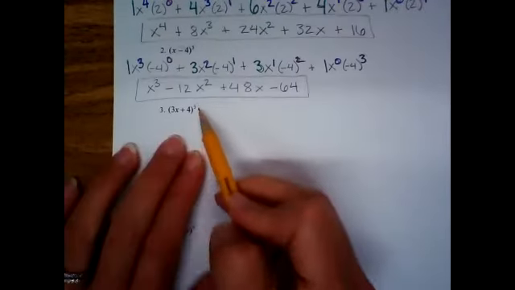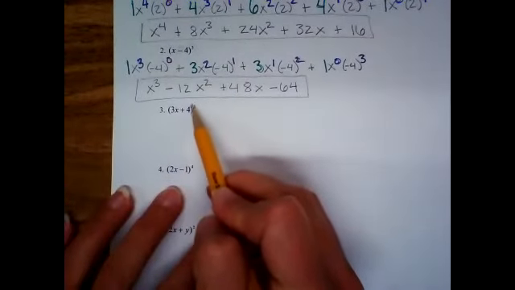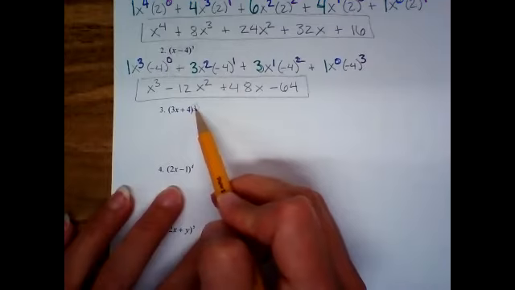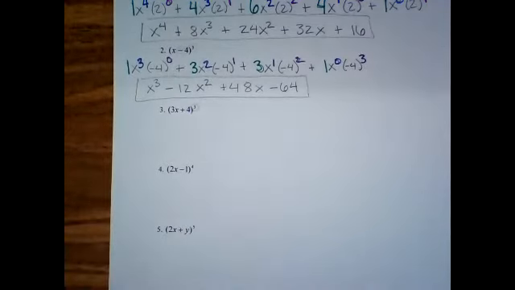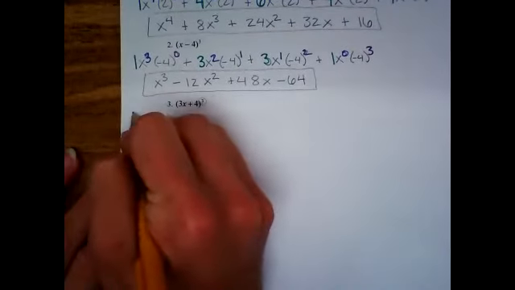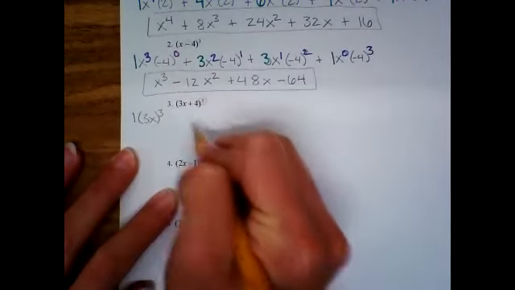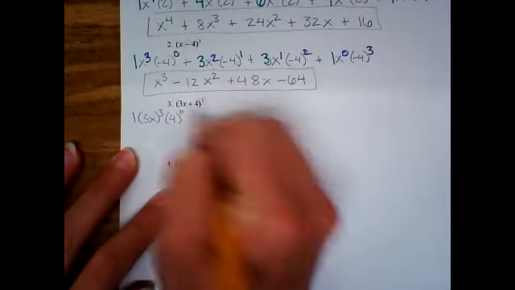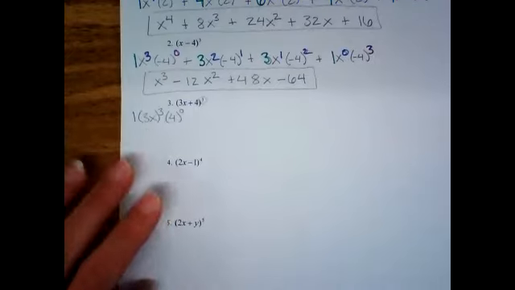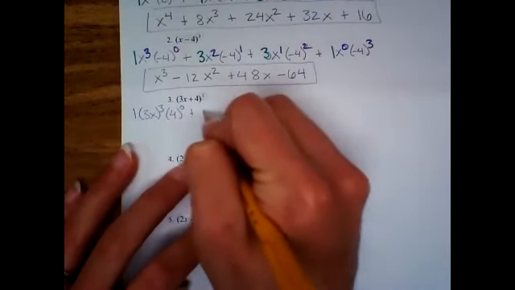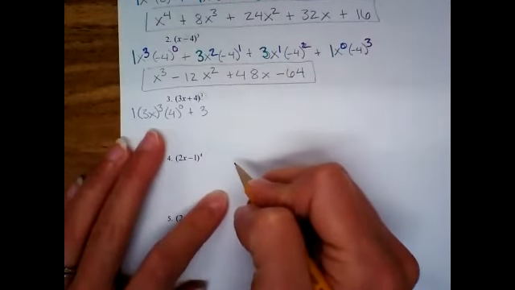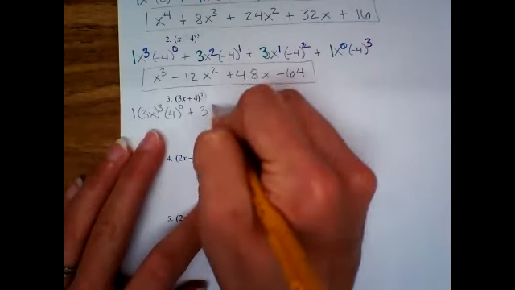Let's try another one. Hey guys, what coefficients are we going to use for this one since it's to the third? Yeah, same ones we just did, 1, 3, 3, 1. Okay, so it's going to be 1, and we'll have 3x to the third, 4 to the nothing. And then the next one will be 3, and then what? I'm going to start asking you guys.